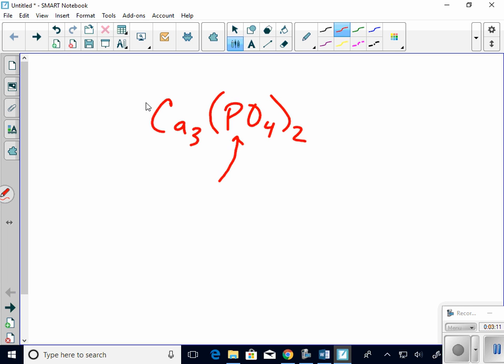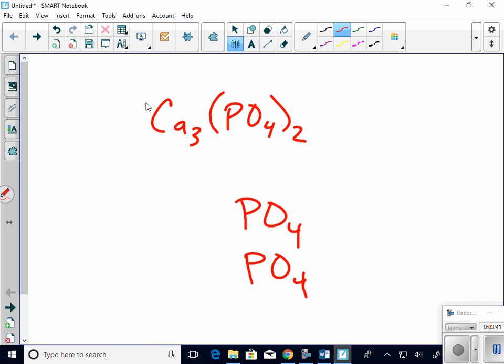So I can see there's 1 phosphorus, but since I have parentheses 2, I multiply that out. There are 2 phosphorus. How many oxygens? 8. So basically, what I'm looking at by those parentheses is that I have 2 of those PO4s. So I would have 2 phosphorus, and I would have 8 oxygen.